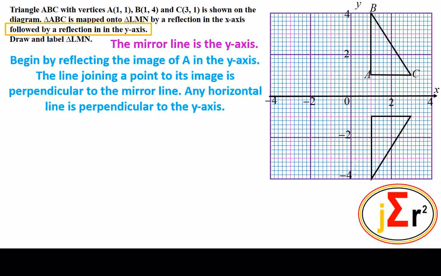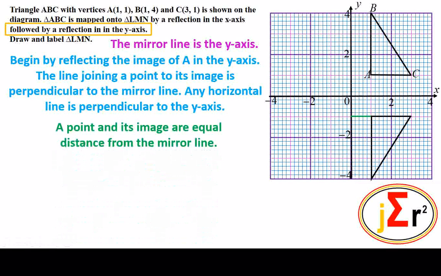Therefore, any line that is horizontal will be perpendicular to the mirror line. So we'll go straight ahead in finding the image of A, which we will have a horizontal line going from the image of A to the mirror line. There it is. Additionally, a point and its image are equal distance from the mirror line.